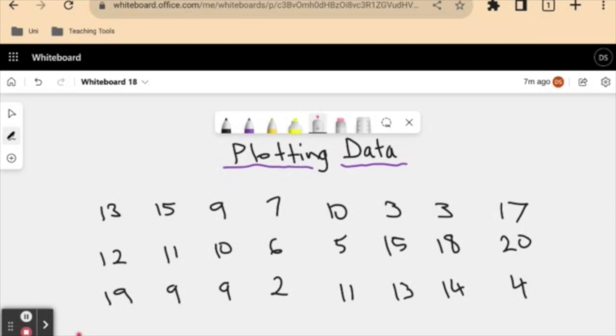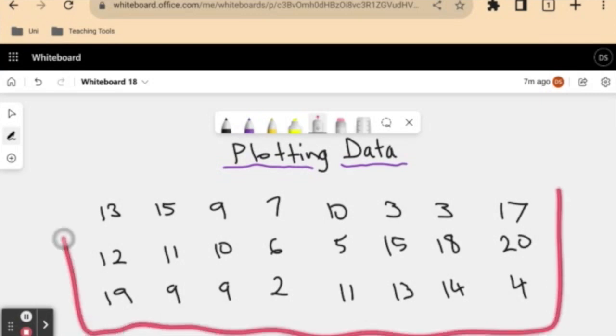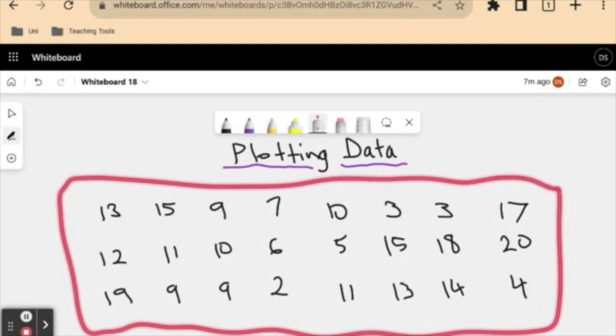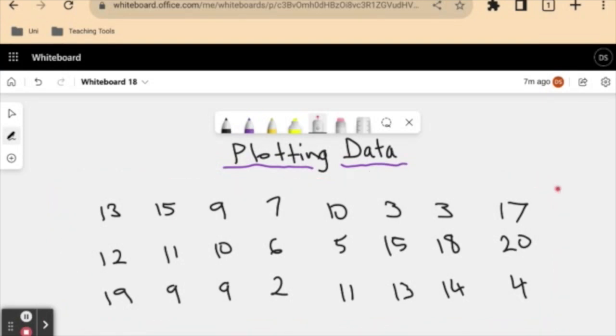So what I have here is a set of data. Data is just information. And I've collected these test results and I'm going to try to make sense of them and be able to gather information about these test results.